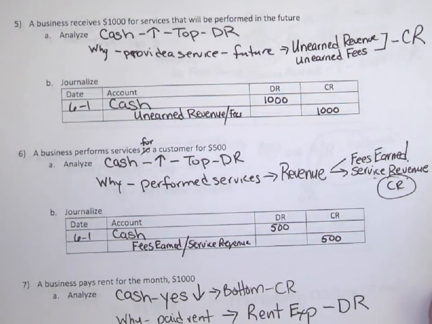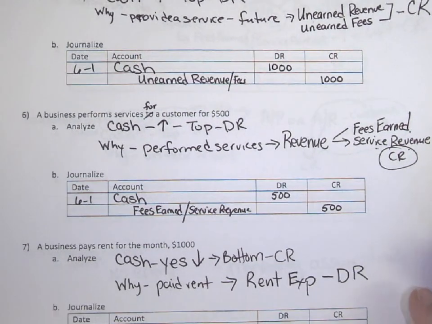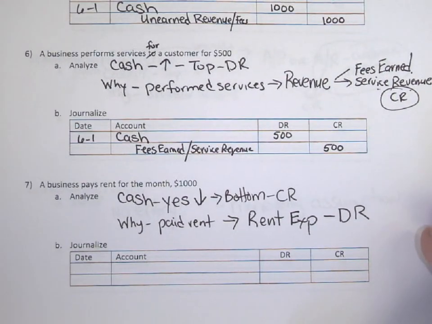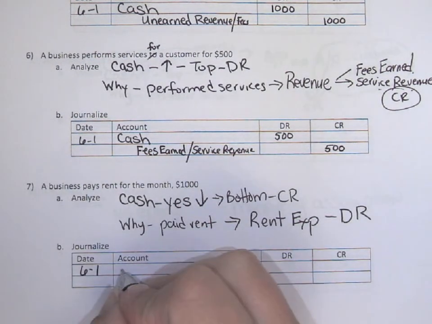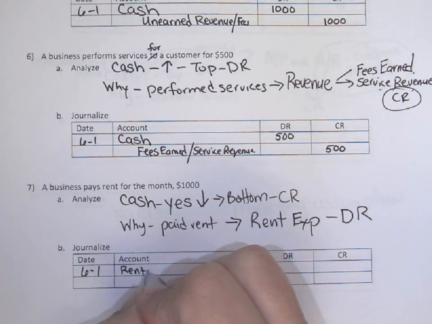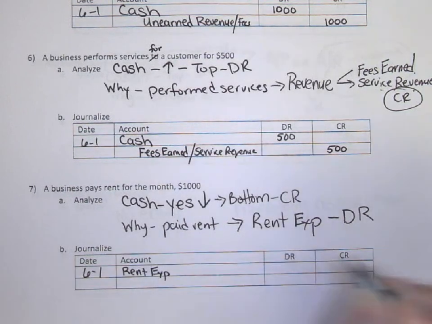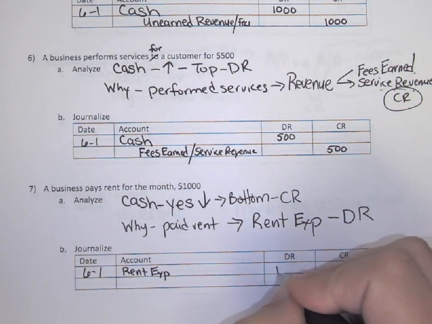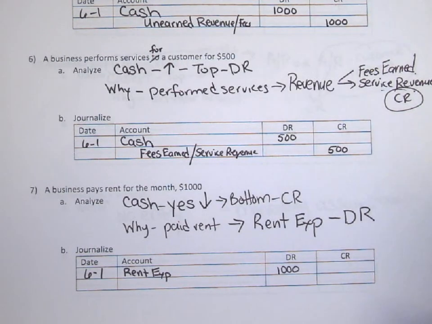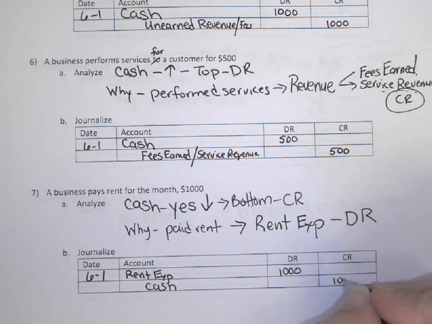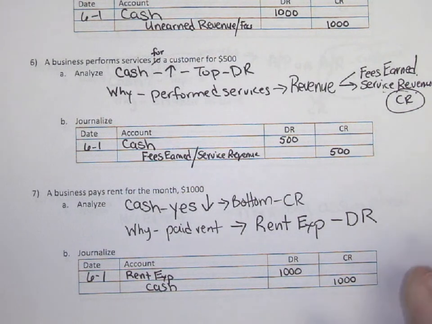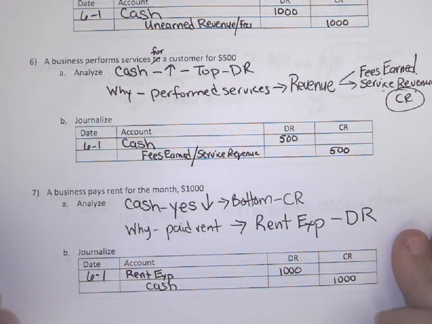Okay. A business pays rent for the month, $1,000. So we know cash is our credit and rent expense is our debit. So we put the date on the first line. Debit is rent expense, $1,000. And the other we indent over, we put cash for that $1,000. And then we have that particular journal entry complete.